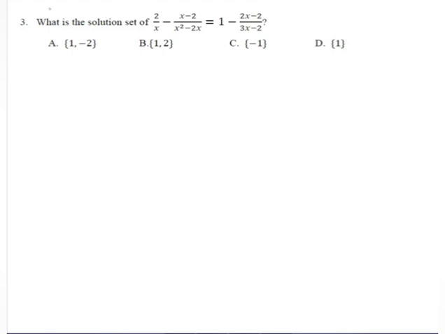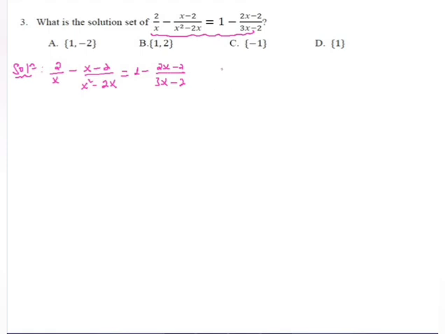What is the solution set of the rational equation given here? Usually when we find the solution for a rational equation, we first put the domain or the restriction on x. The given rational equation is 2 over x minus 2 over x squared minus 2x is equal to 1 minus (2x minus 2) over (3x minus 2).